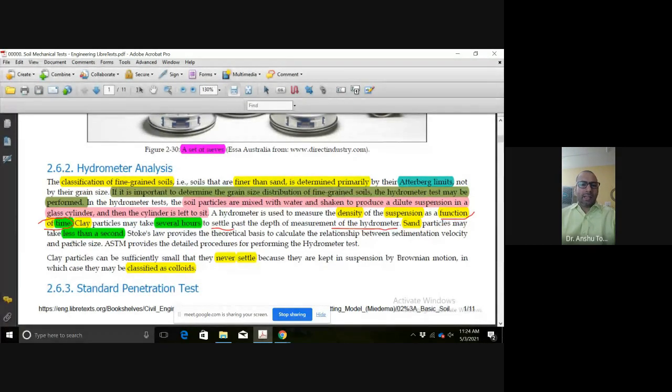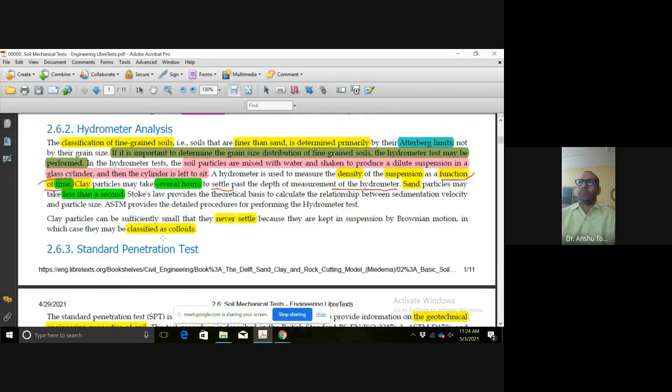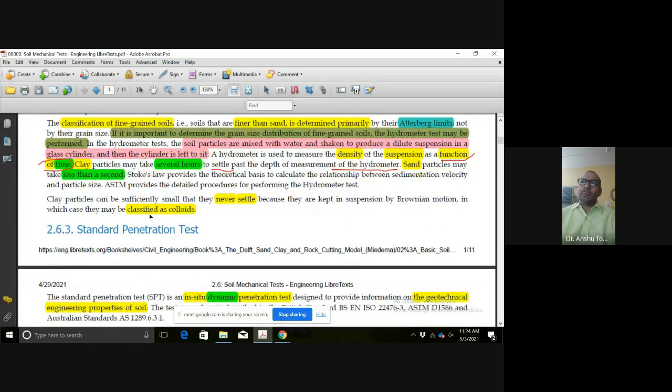Accordingly, you can categorize the silt or sand in the specimen of the soil sample. Clay particles can be sufficiently small that they never settle down because they are kept in suspension by Brownian motion, and they are classified as colloids.